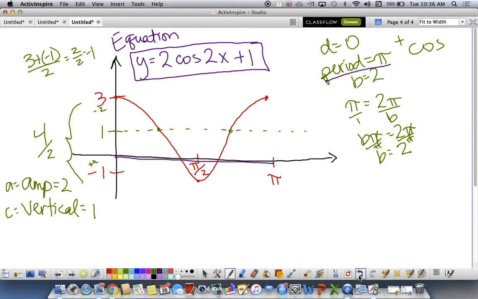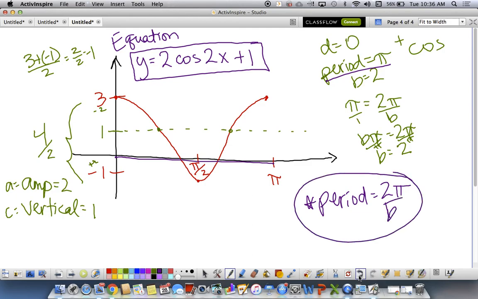When we were finding the period before, we said whatever B is, the period is 2 pi over B. This formula right here, period equals 2 pi over B, is huge. So when you know what the period is, you plug it in where the period is. So pi equals 2 pi over B.